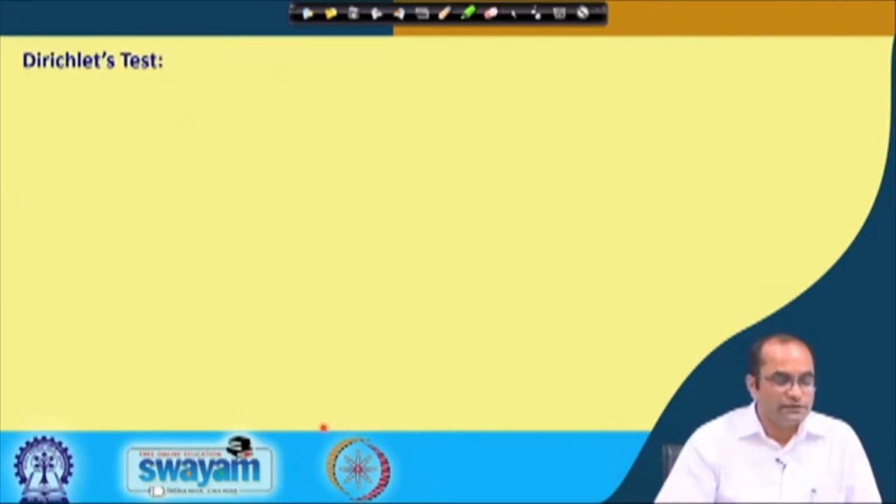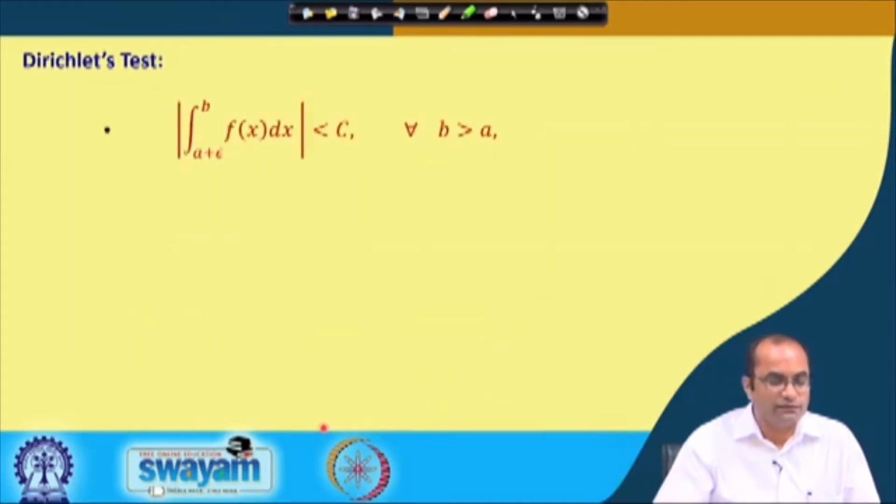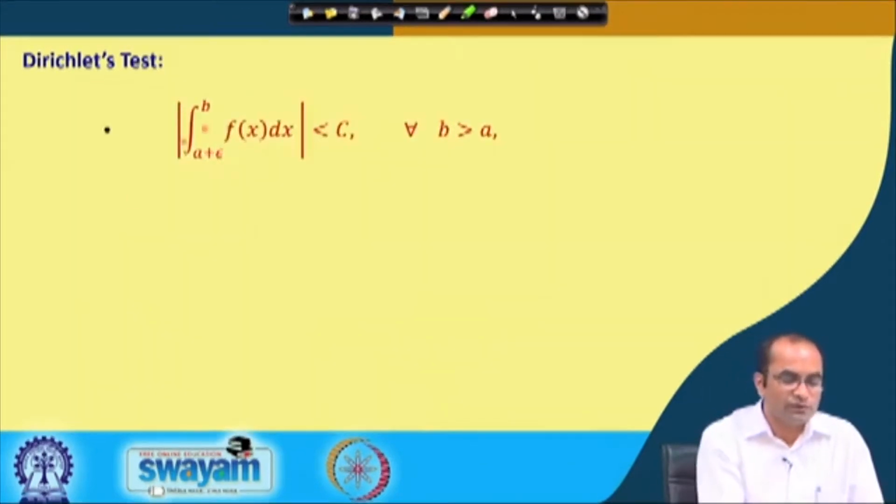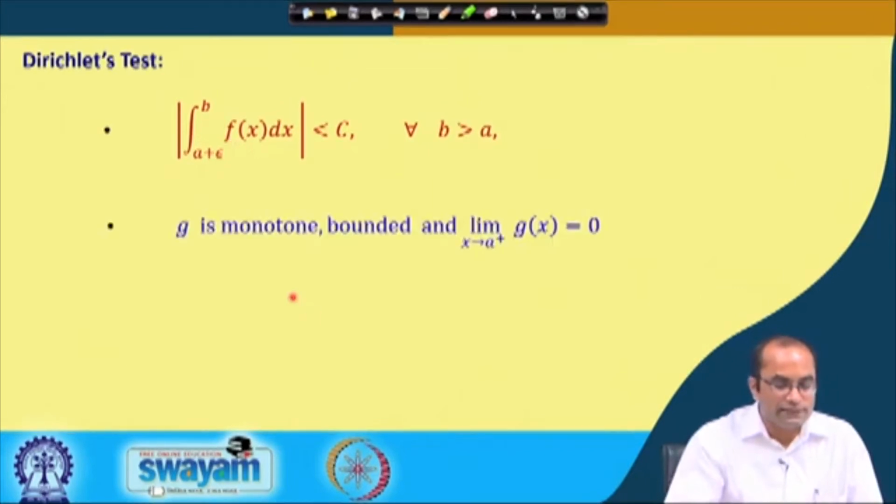There was another test, the Dirichlet test for type 1 integrals, which we have discussed, and again we have a parallel test here, which is more or less the same. If the integral of f is uniformly bounded, that means for any b greater than a, we can bound this by some constant for any positive epsilon.